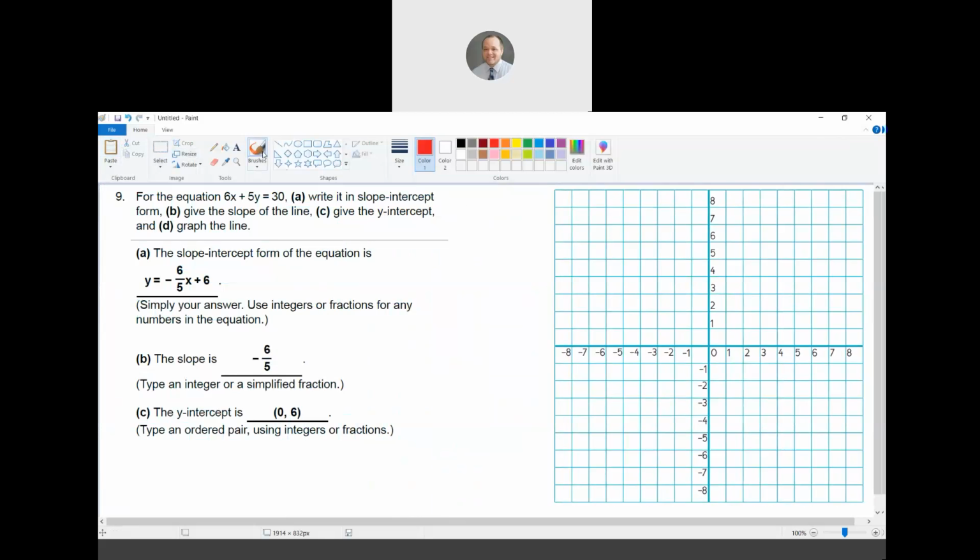Question 9, for the equation 6x plus 5y equal to 30, write it in slope-intercept form, and from there, give the slope of the line and the y-intercept and graph the line. Slope-intercept form is the form y equal to mx plus b.